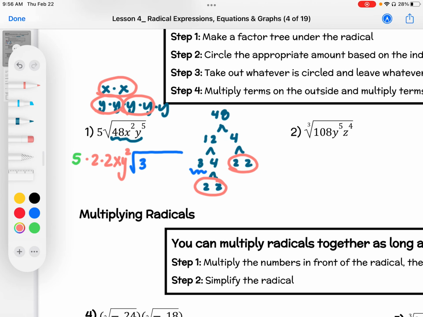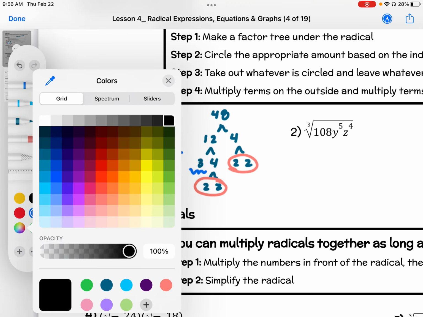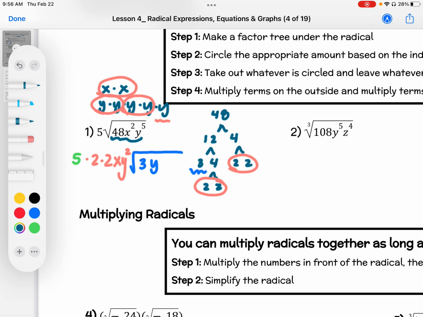On the inside, we're going to have just this y left over. Then we multiply whatever we can outside. So 5 times 2 times 2 would give us 20xy squared square root 3y. That would be our simplest answer.